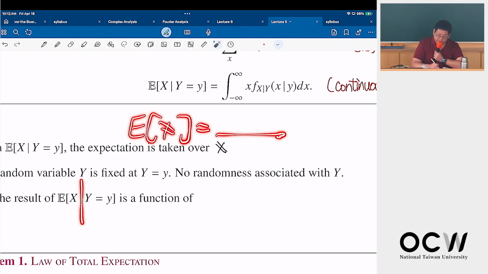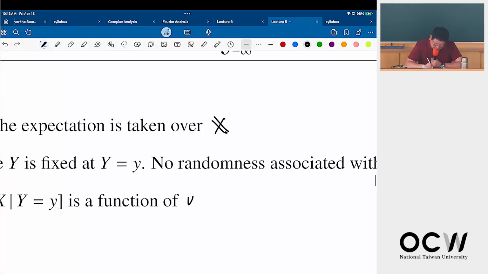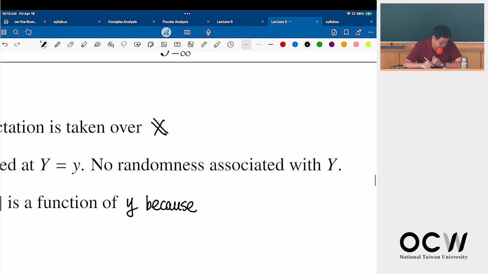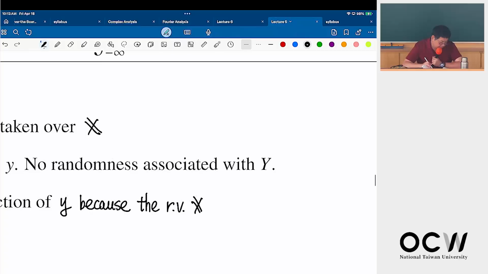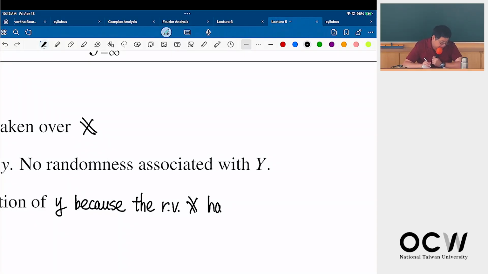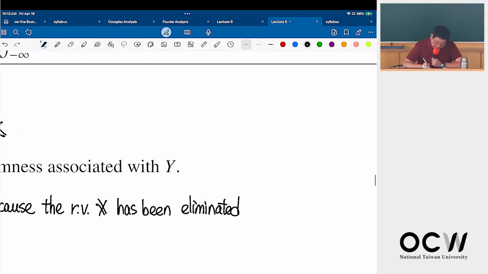So now if I'm given y equals a fixed y, then finally this is a function of y, because the random variable x has been eliminated by the expectation.